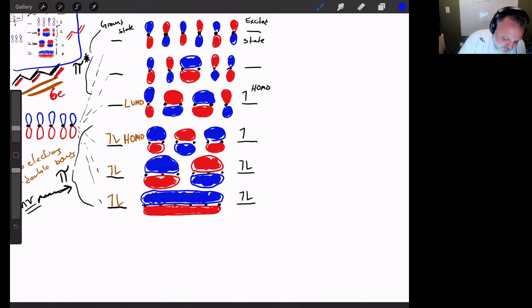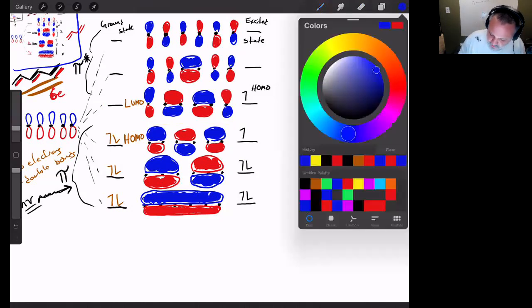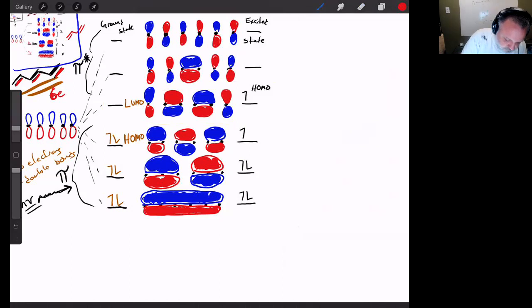And I want to remind you that when we look at the 4-electron system, we have the same sort of situation with the different orbitals. We'll have the same situation with the HOMO and the LUMO.